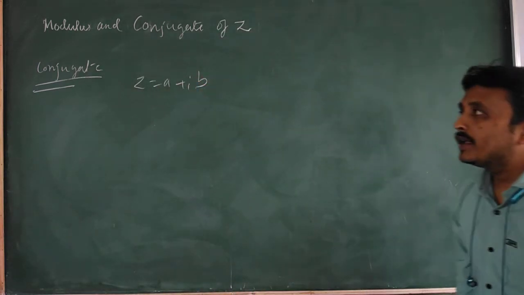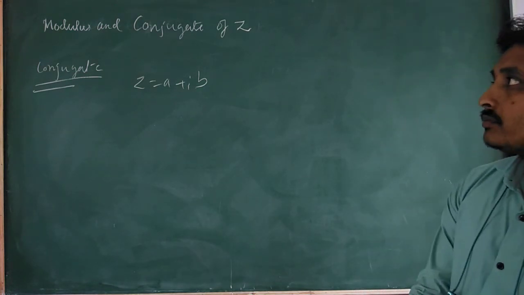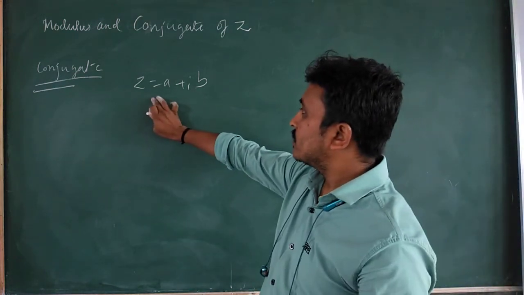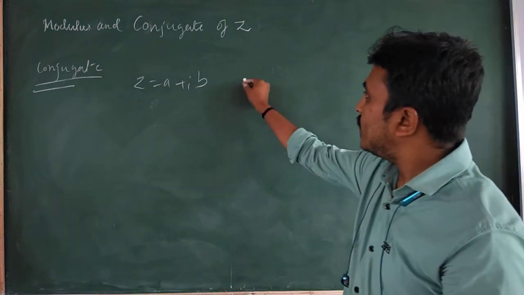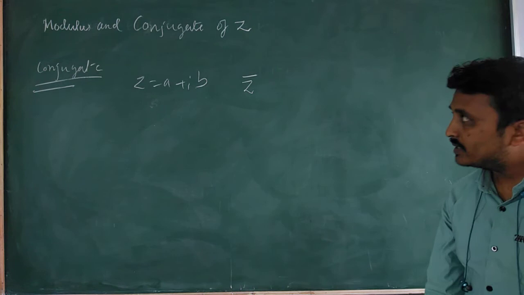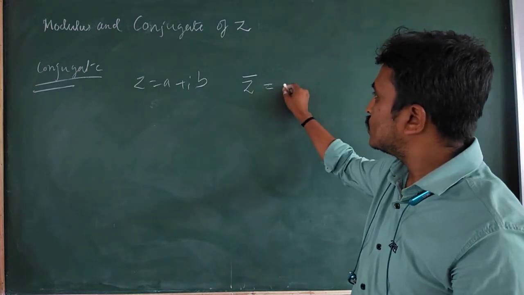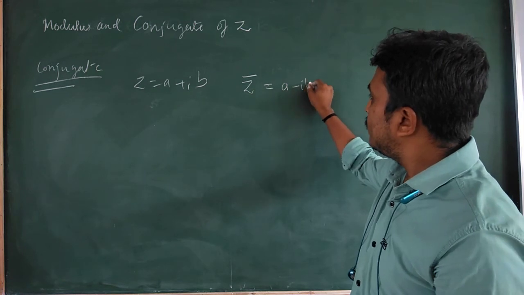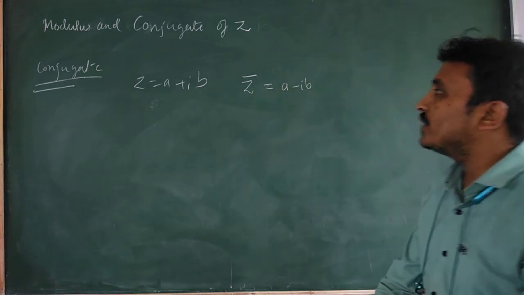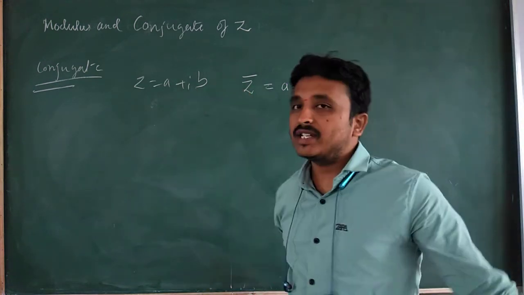Then the conjugate of this is denoted by z bar. The conjugate of z is z bar equals a minus ib. Just change the sign of the imaginary part.